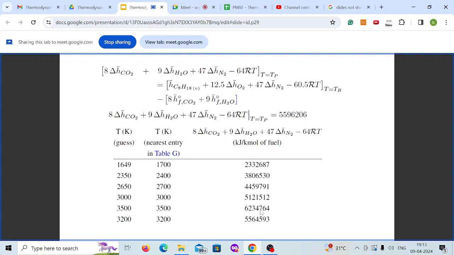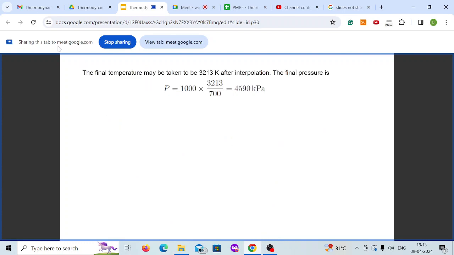You see that is higher than what you require, so your value should lie somewhere between 3000 and 3500. If you take 3200, what you get is 5564593. That is close to what you require. If you do an interpolation, you can find the actual value is 3213 Kelvin.